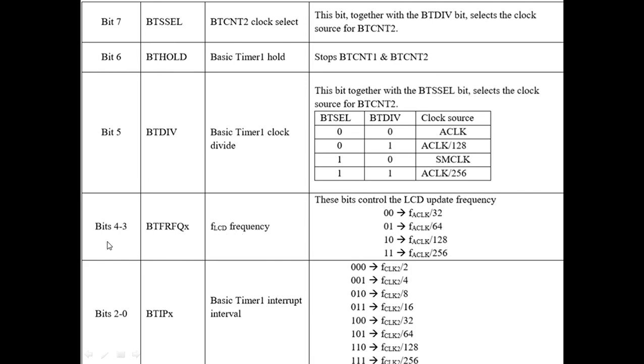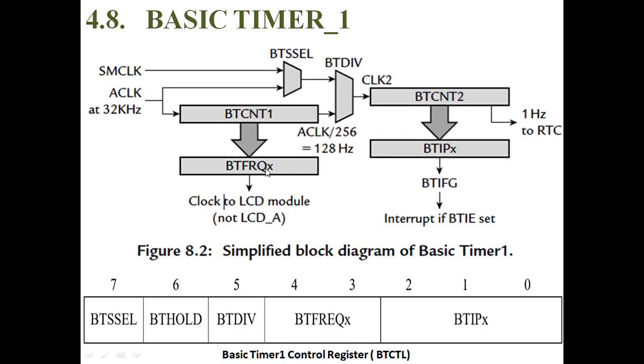Whenever this 2 bit value is 11, it is divisible by 256, that means 0.125 milliseconds, approximately. So based on the bit values in this basic timer frequency, that is divisible by the auxiliary clock frequency and provides the clock to the LCD module.